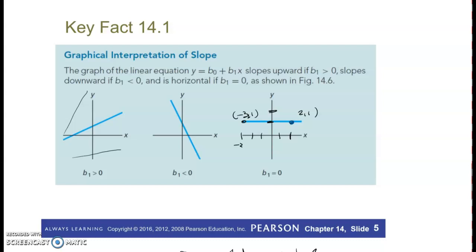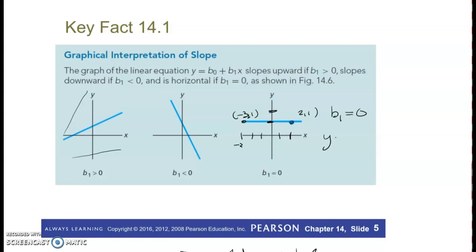Notice, if you have a perfectly horizontal line, one thing is always consistent, regardless of what that x value or that predictor or independent variable is. Your dependent variable, your outcome, is always the same. It's always going to be 1. This occurs anytime your slope equals 0. All horizontal lines have a slope of 0.